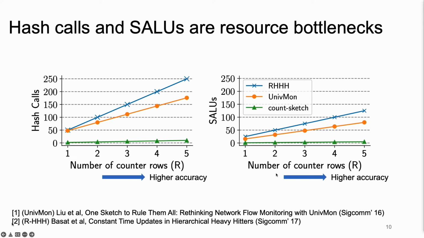You can see that required hash calls and SALUs can be up to 250 or over 100. And these scales of hash computations and memory accesses are not feasible on today's programmable switches. So our goal is to reduce these bottleneck resources to make sketches become feasible and also save resources for other in-switch applications.